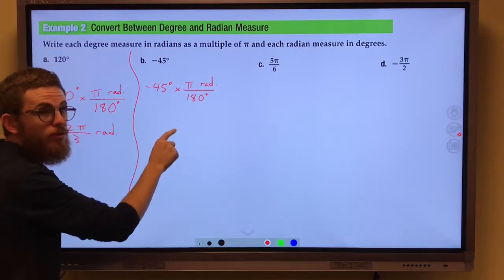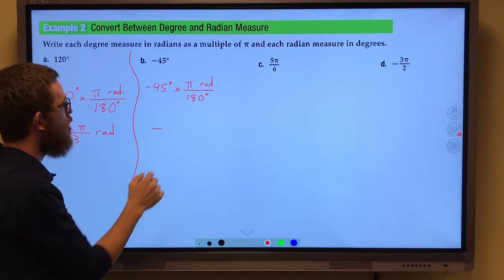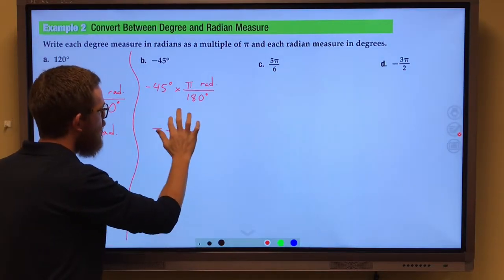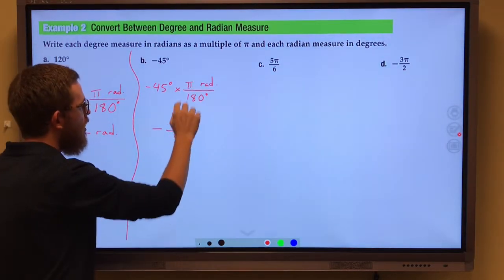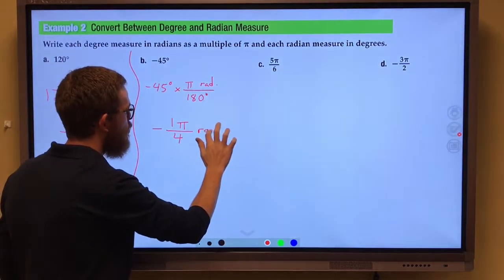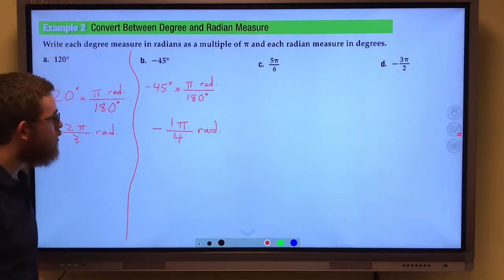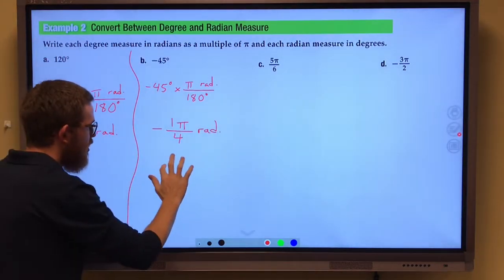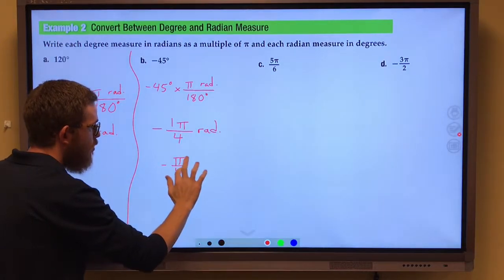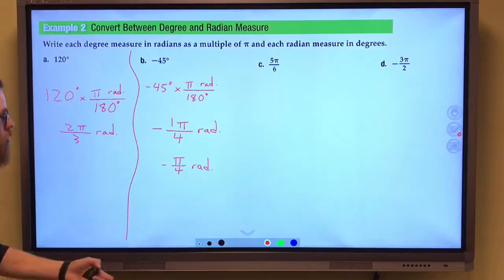Negative 45 over 180, that's definitely a negative answer. 45 over 180 gives me 1/4, and I still have that pi sitting up there. My units are radians. Of course, I can reduce that and make it look a little bit simpler, just making it negative pi over 4 radians, and I would do that.